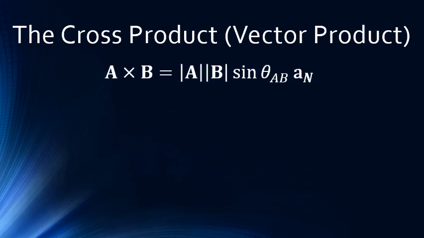Okay, ang formula natin, a cross b equals magnitude ni a, magnitude ni b, sine ng angle theta between a and b, times the unit vector an. Okay, anong unit vector an? Yung unit vector an, ang direction nun is perpendicular both kay a and b.